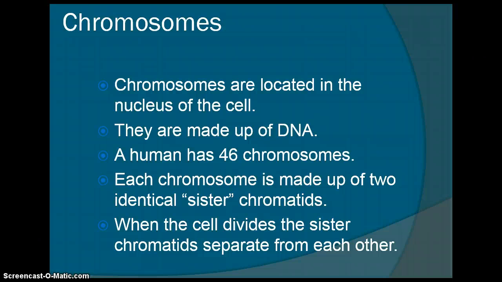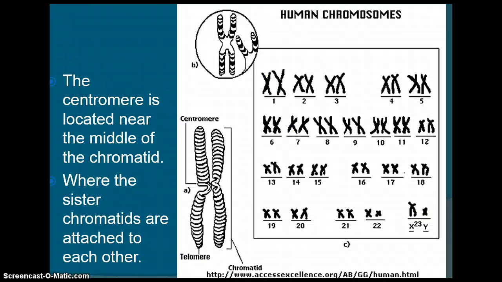We remember that from our cell chapter, and they're made up of DNA. A human has a total of 46 chromosomes, and each chromosome is made up of 2 identical sister chromatids. When the cell divides, the sister chromatids are going to separate from one another.